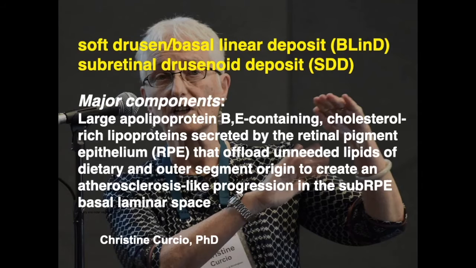The multivesicular material is thought to represent unneeded lipids secreted by the retinal pigment epithelium that's derived from the diet and the continual phagocytosis and digestion of photoreceptor outer segments. The continual and gradual accumulation of the soft drusenoid material beneath the RPE leads to an atherosclerosis-like process that has an inflammatory component.